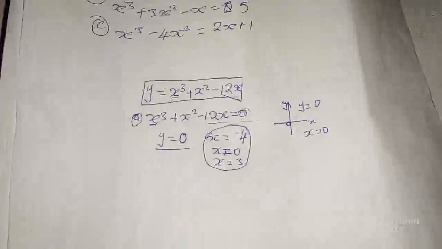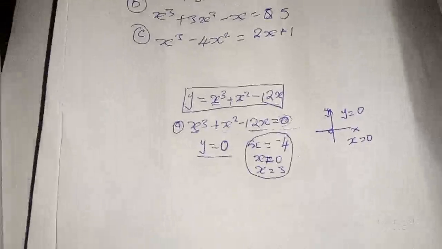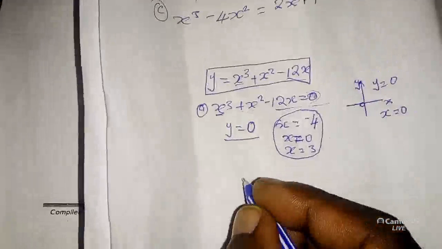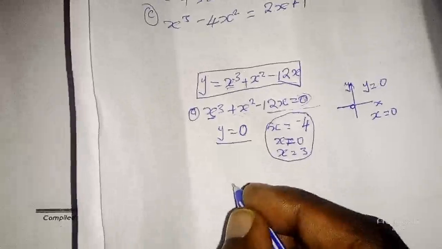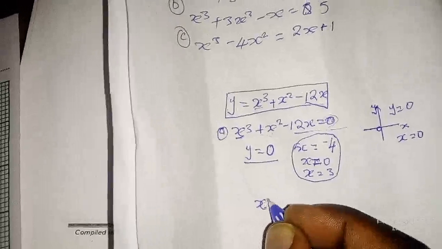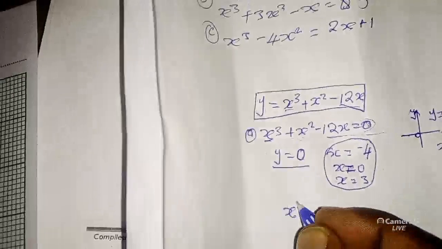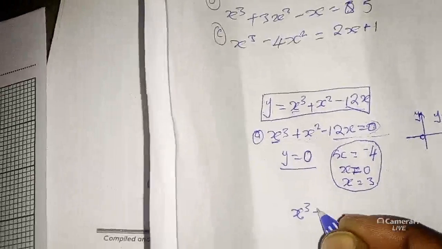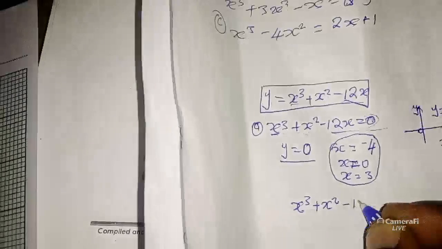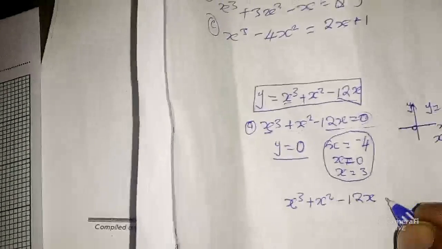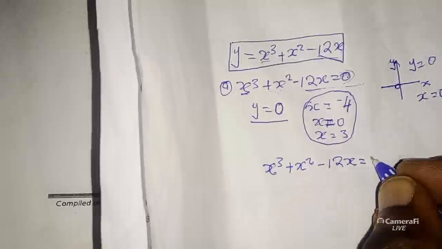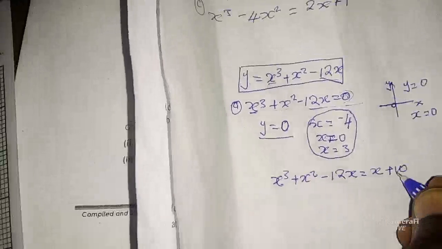The way we can answer the next one is, let me write here. The next one, we are just repeating the same thing: x cubed plus x squared minus 12x is equal to x plus 10.